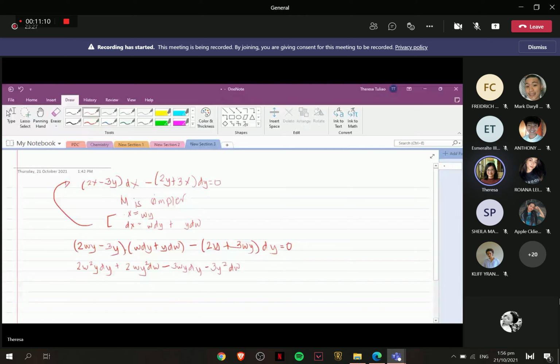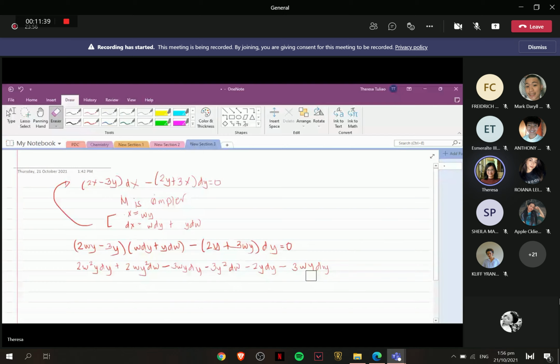Okay, dito naman, so that is minus 2y dy. Okay, and then minus, so nilabas ko na siya sa quantity niya, that is minus 3wy dy equal to 0.